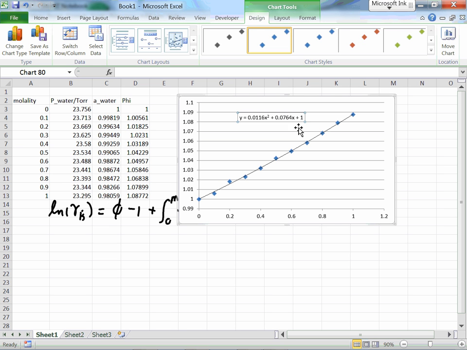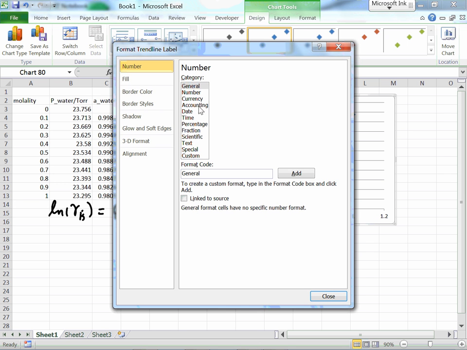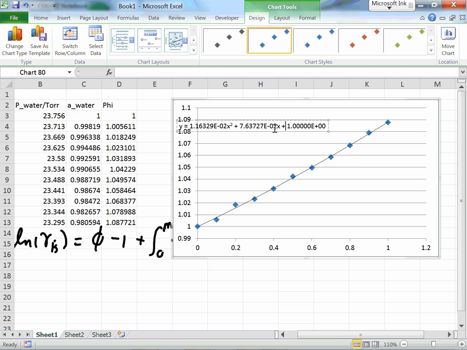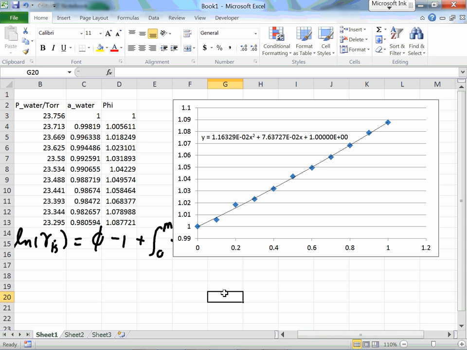So let's put a few more sig figs there. Format trendline label, let's make it scientific notation, say 5 decimal places, just so we don't worry about round-off errors. So that's the polynomial fit.